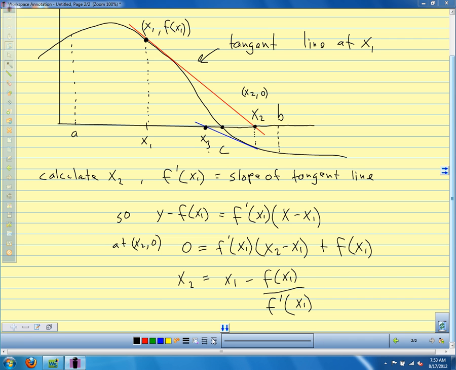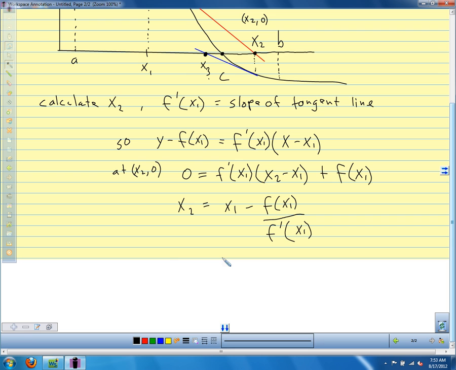So I'm just going to write our next step. We would say that x3 is x2 minus f of x2 over f prime of x2.